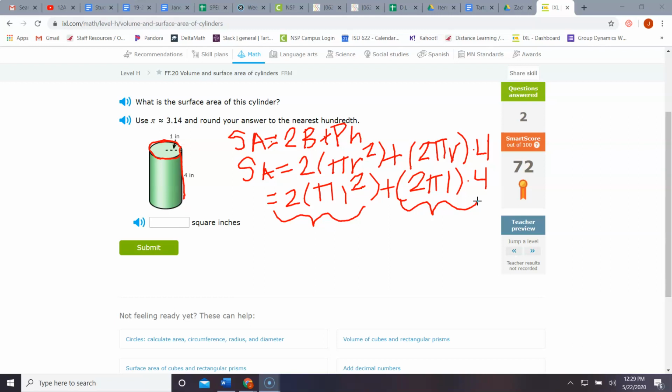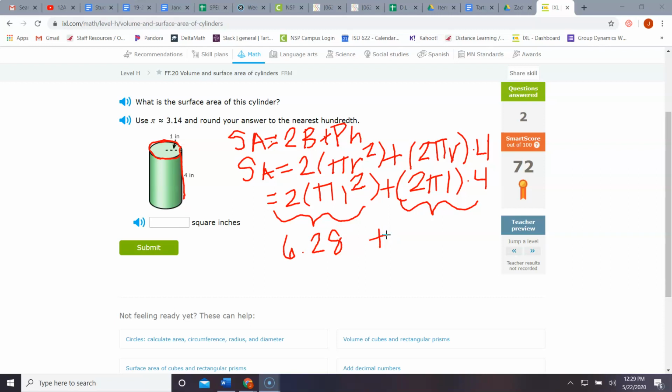And then we want to multiply that by 2. And that will give us 6.28.